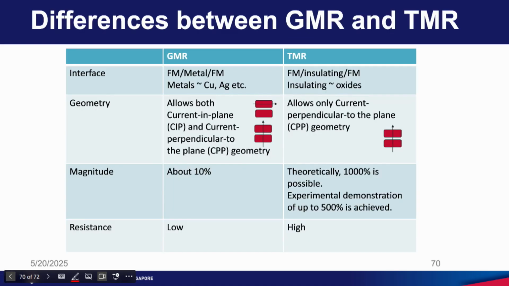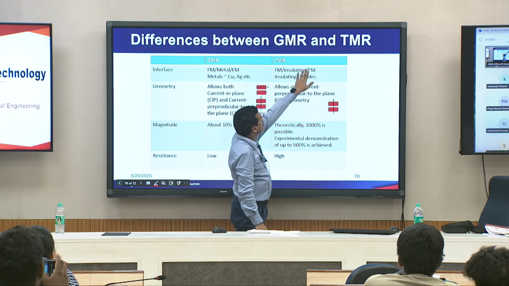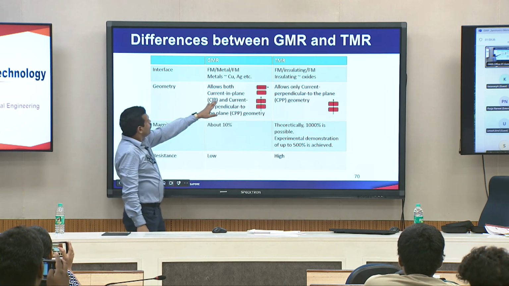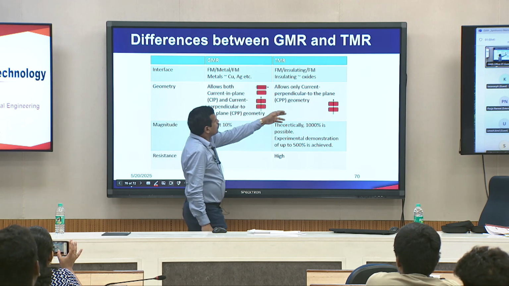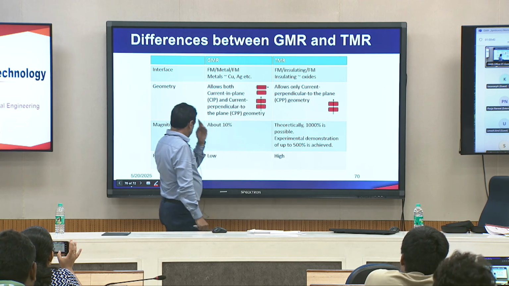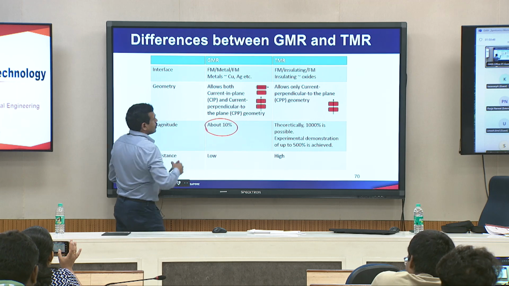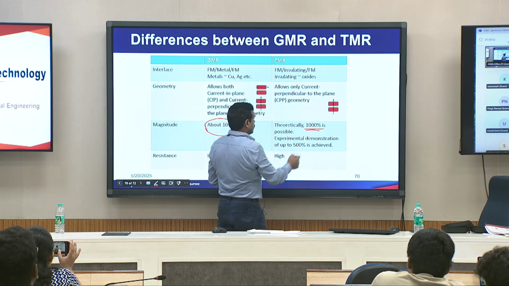Okay, so in this slide I have summarized the difference between GMR and TMR. GMR is basically ferromagnetic material, metallic spacer, ferromagnetic material. TMR is ferromagnetic material, insulating material, ferromagnetic material. In GMR you can use both current in plane and current perpendicular to the plane. In TMR you can only use current perpendicular to the plane. GMR is usually a very low value, around 10%. TMR theoretically 1000% is possible.